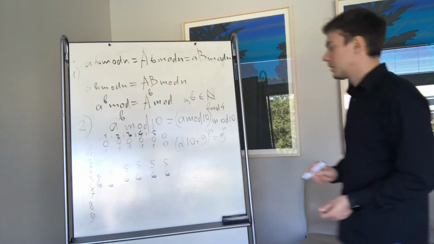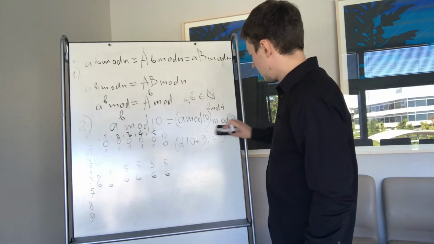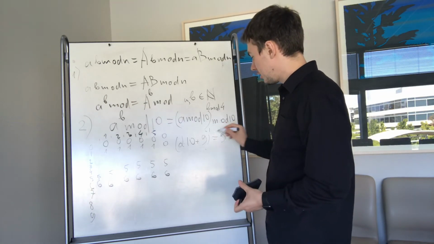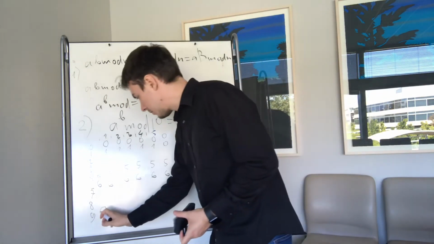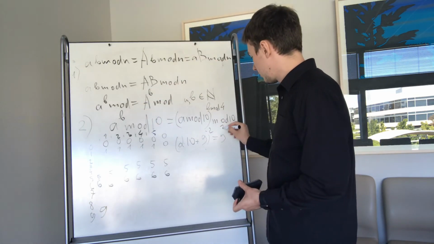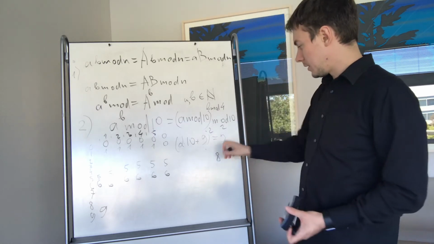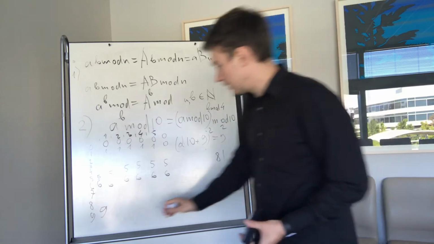Now let's take a look at this. What is the last digit of this number? Of course it's 9. Power 2, 81. The last digit of this is 1.